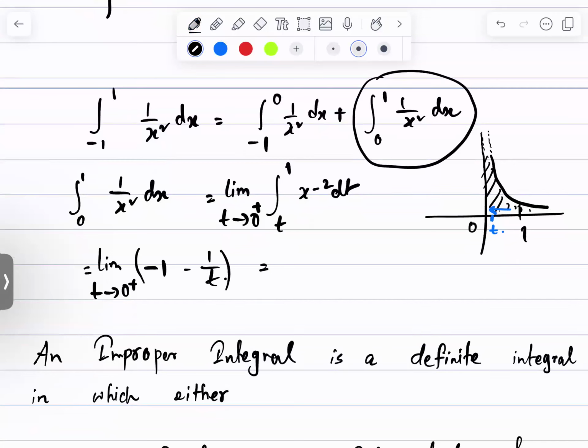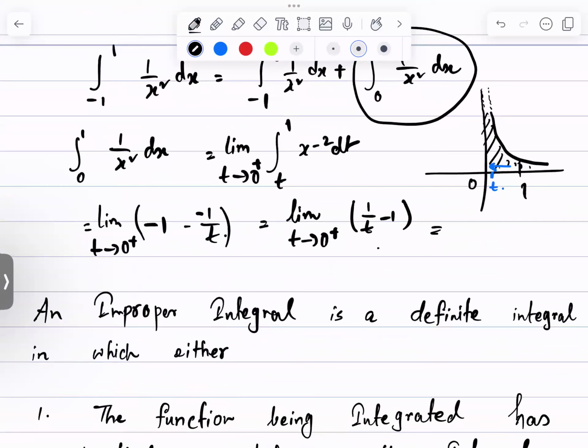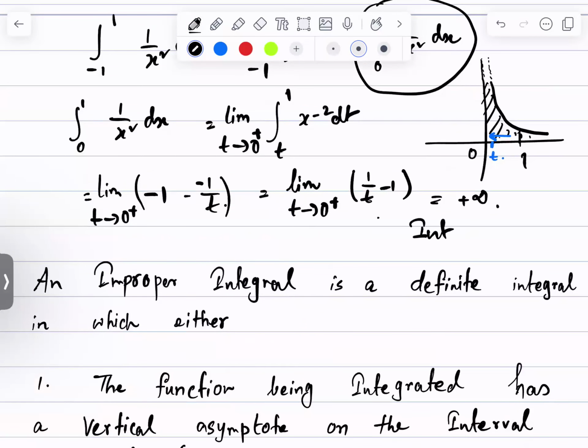And this will be limit t tends to 0 plus of 1 over t, minus 1. And from basic calculus, you can say that this is plus infinity, because 1 over 0 is very big.